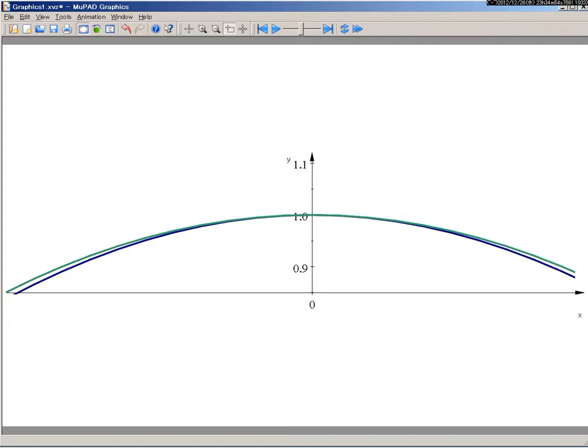As you can see, if you magnify, you can find differences or gaps between two graphs. So we are going to change the number a. Okay. Now they look very similar. So again, we are going to zoom in.